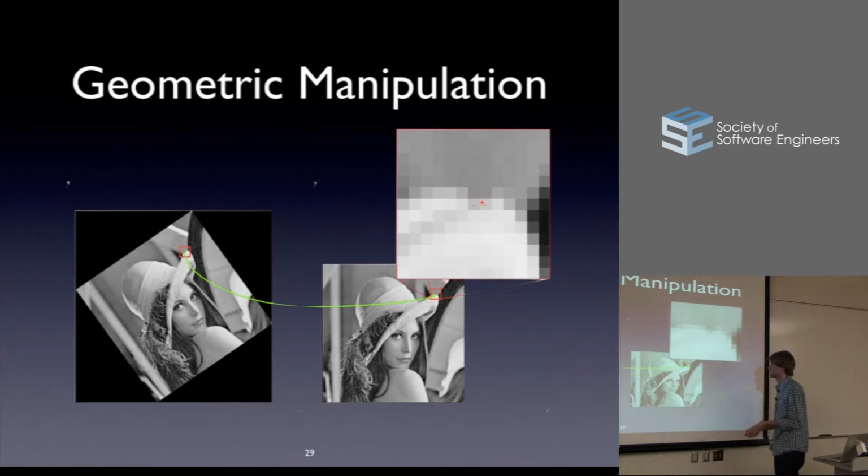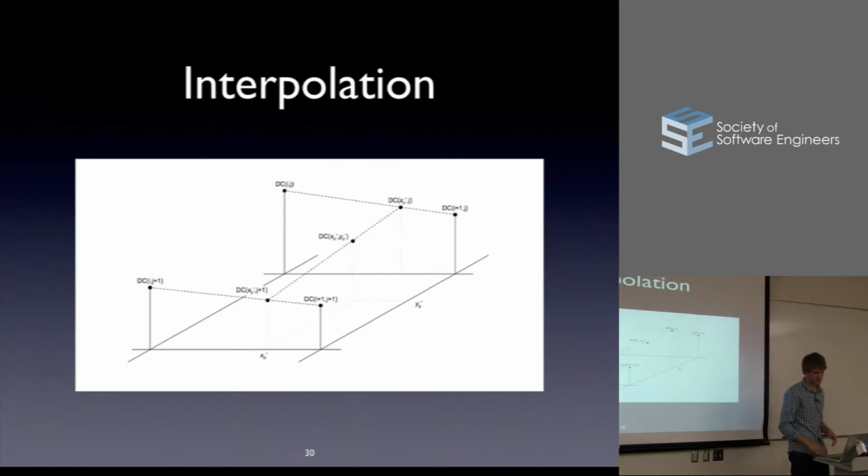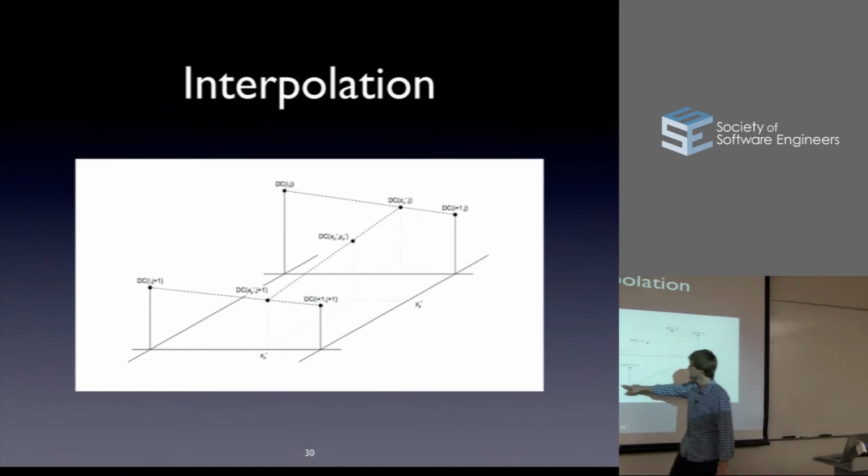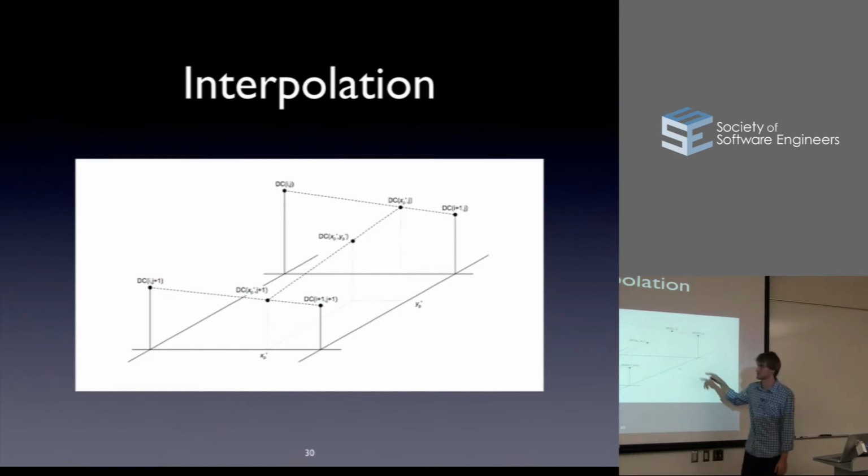So there's a bunch of different ways to go about doing this mathematically. One of them is bilinear interpolation, a pretty simple way of doing it, where each corner here is a pixel, and it has some value. To get the value that lies between the 4 of them, which there isn't one, you have to create it.